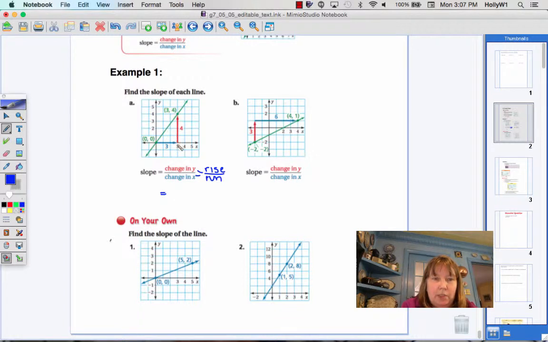The change in y is the steps it takes to go up from the x-axis, 1, 2, 3, 4. So that would be 4. And the run would be, from that point, 1, 2, 3. So your slope would be measured as 3/4.